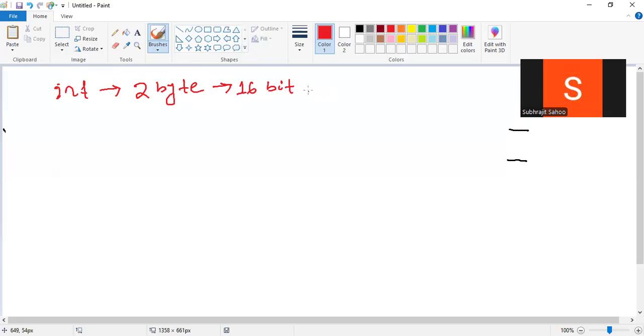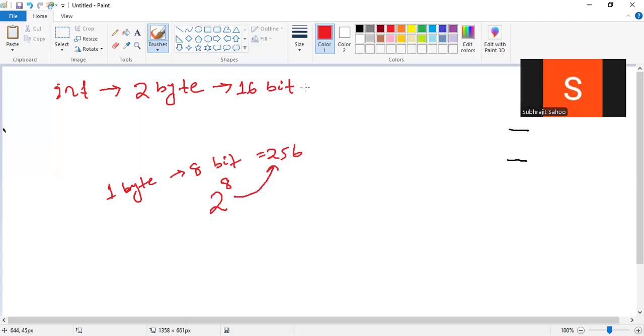In the 16 bit, how many values can we store? In the previous case, I told 8 bit, one byte, character was 1 byte. 1 byte is nothing but 8 bit. In 8 bit, 256 values we can store. How does it come to 256? 2 to the power 8 is nothing but 256.